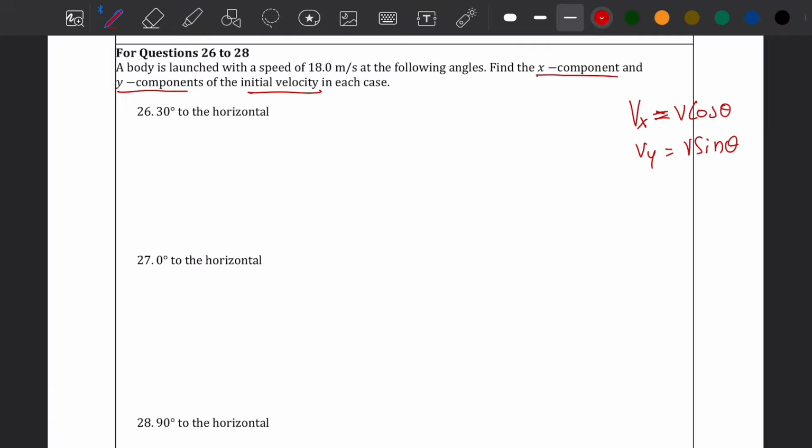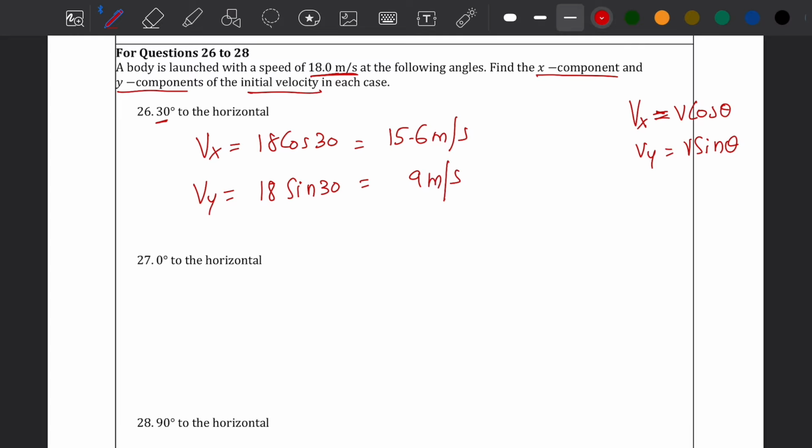So we just use the angle which is given and the velocity which is given to us to find what is Vx and Vy. So Vx will be 18 cosine 30, which is 15.6 meter per second, and Vy is 18 sine 30, which is 9 meter per second.